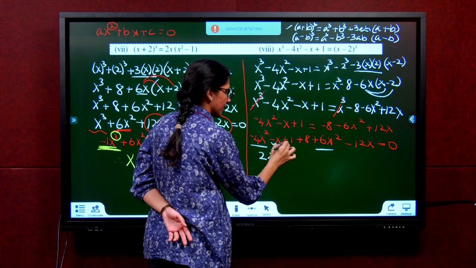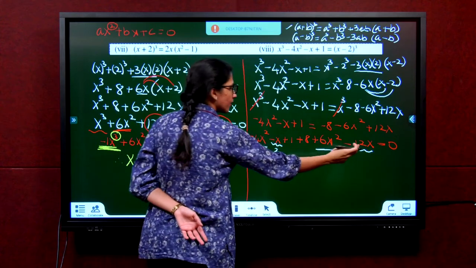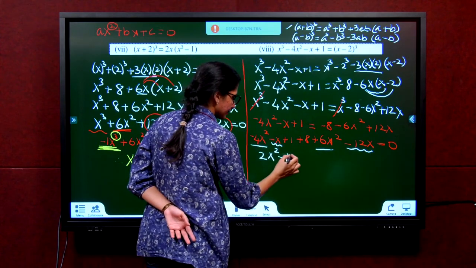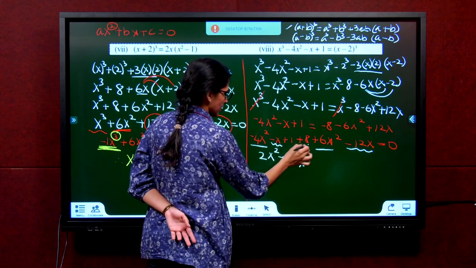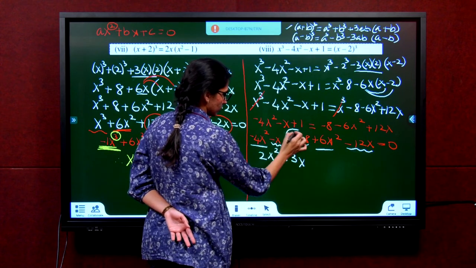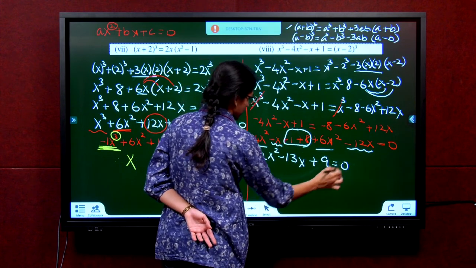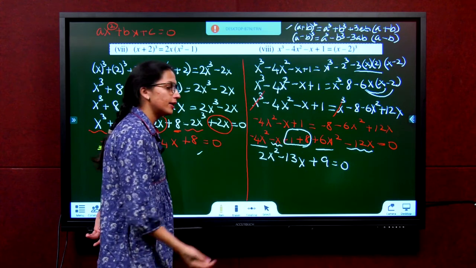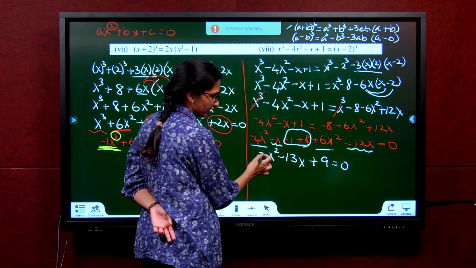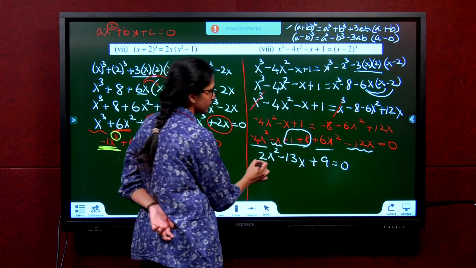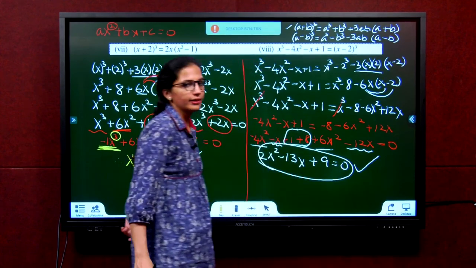Next, minus x, is there another term of x? Yes, minus 1, minus 12, minus 13, x is there, put the x. Next, 1 plus 8, 9. Is this a quadratic equation? Yes, it is. It has a square term. That means it has an x square term. It is of the form ax square plus bx plus c. Therefore, it is a quadratic equation.